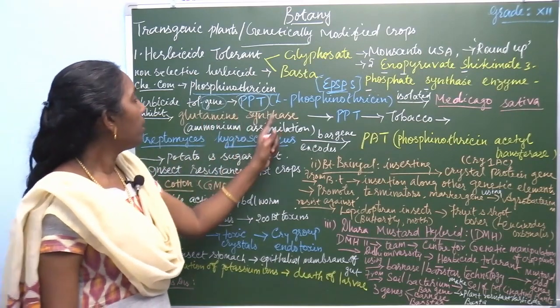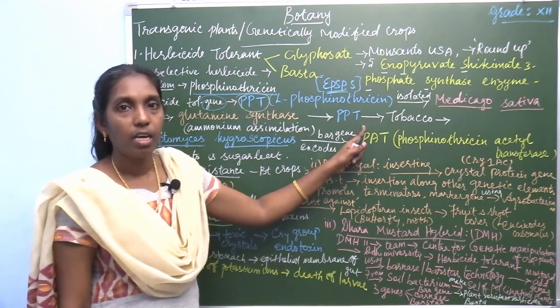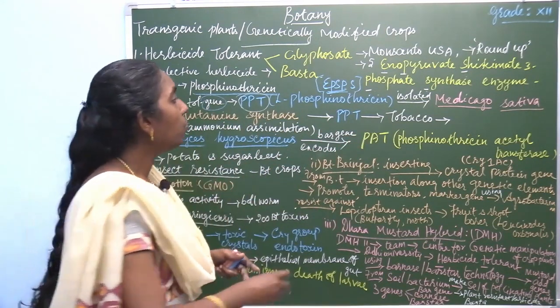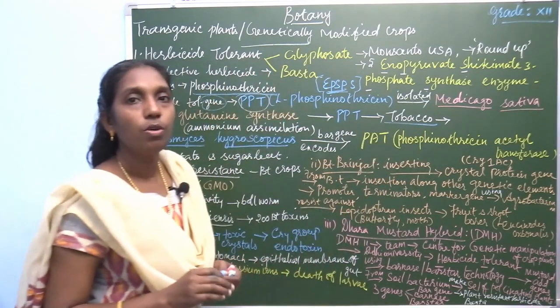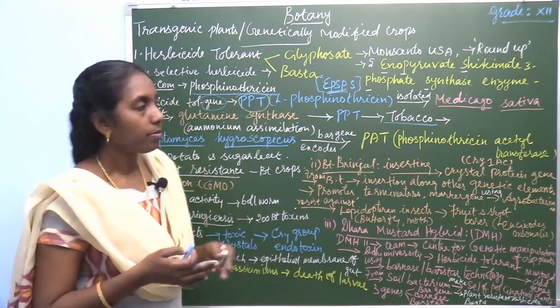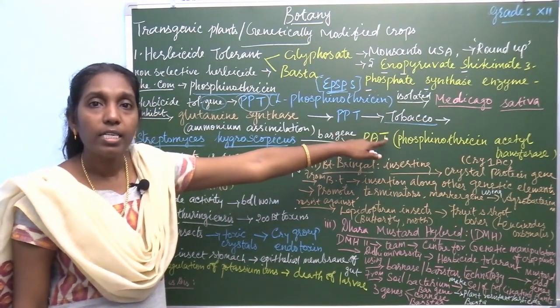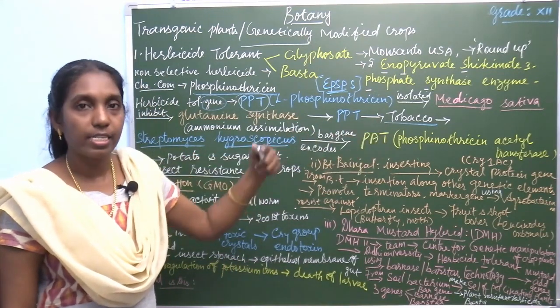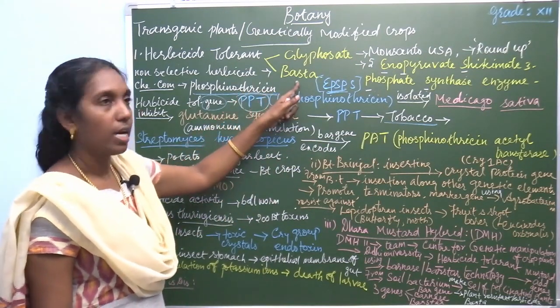So this PPT gene, the herbicide tolerant gene, can be introduced into tobacco plant. So the tobacco plant is made a transgenic against the herbicide Basta.